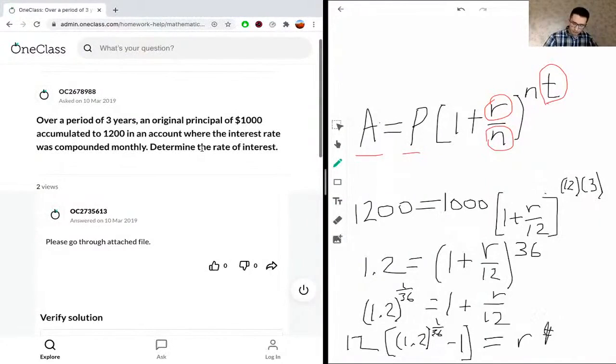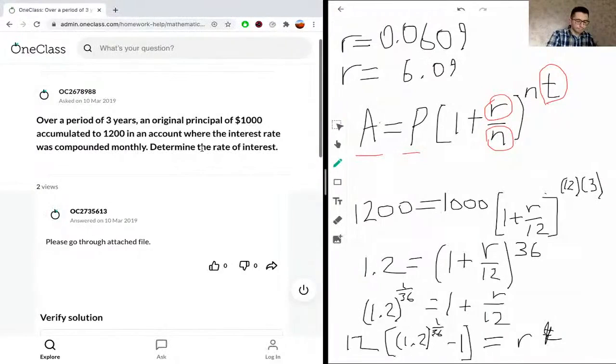I'll write this up here. R equals 0.06, and there's more decimal places after that, but we'll leave it at that. We'll turn this into a percentage, multiplied by 100, 6.09%. So at 6.09%, that's the interest rate charged for the information given.